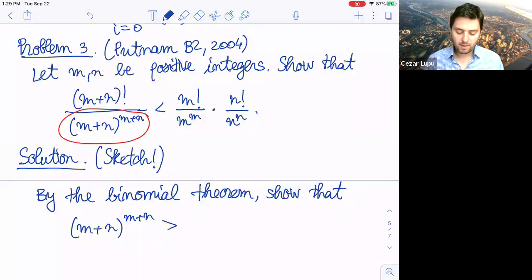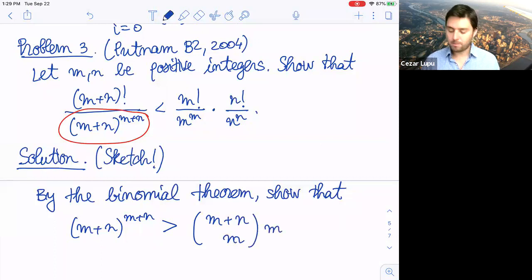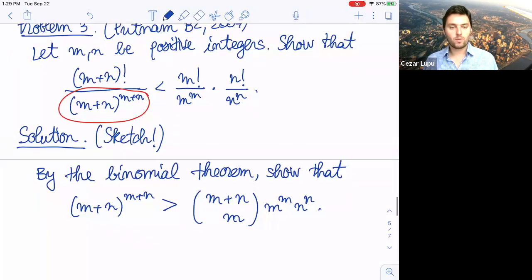Once you expand this and you have all this sum, you neglect all terms except this one, where you have this coefficient m plus n choose m times m to the power m times n to the power n. So just expand the binomial theorem, and that's it. And then once you use this, the inequality will become obvious.